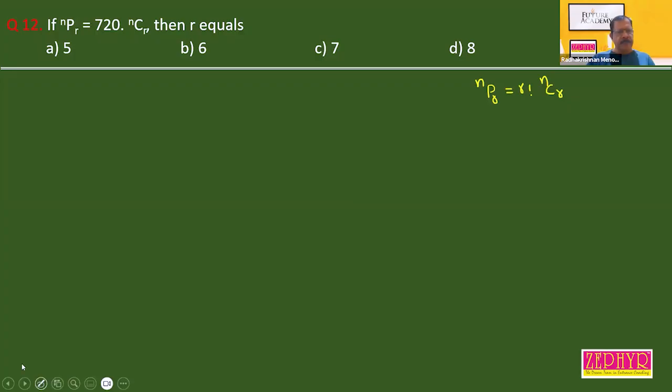Using this result, we are getting r factorial equal to 720. You know that 720 is 6 factorial. Therefore, r equal to 6.